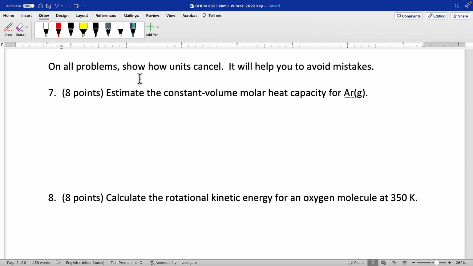All right, number 7. So looking at this, we have to find the heat capacity, and it seems like an ideal case to use the equipartition theorem. So let's find the internal energy first. So U is equal to 1/2 RT times the total number of modes.